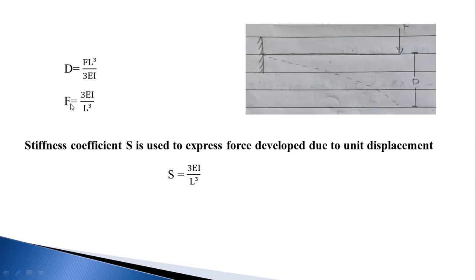So the equation becomes F is equal to 3EI upon L cube. So the stiffness coefficient S is used to express the force developed due to the unit displacement. S is equal to 3EI upon L cube. This much force is required to generate a unit displacement.